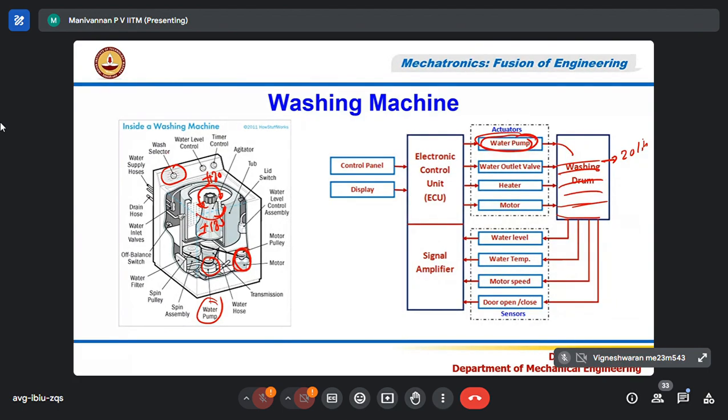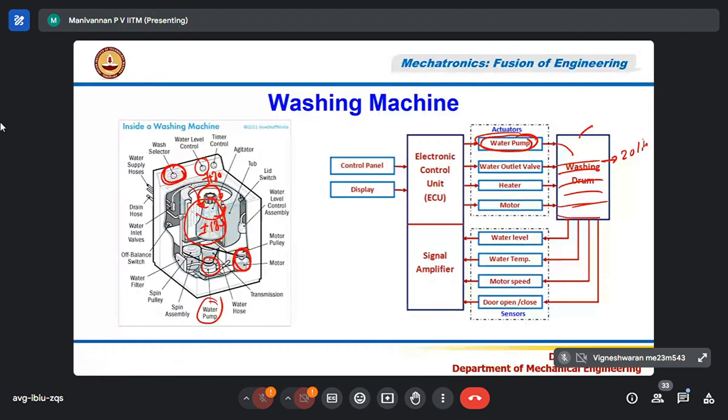Depending upon the type of cloth, the amount of water to be filled, the amount of detergent to be added, and how long the washing cycle, that means agitating, is to happen varies. So depending on the water I am going to fill in the machine, I can select the type of cloth, so I can select the washing cycle. Then I can select how much water should be filled.